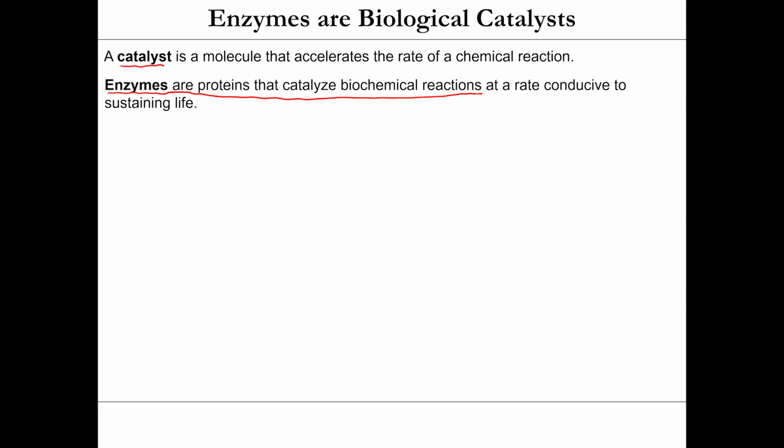Those reactions would not occur at a rate that could sustain life. So what enzymes do is they speed up the rate of those reactions to a rate that is conducive to sustaining life and all the biological processes and cellular processes that occur in your body.